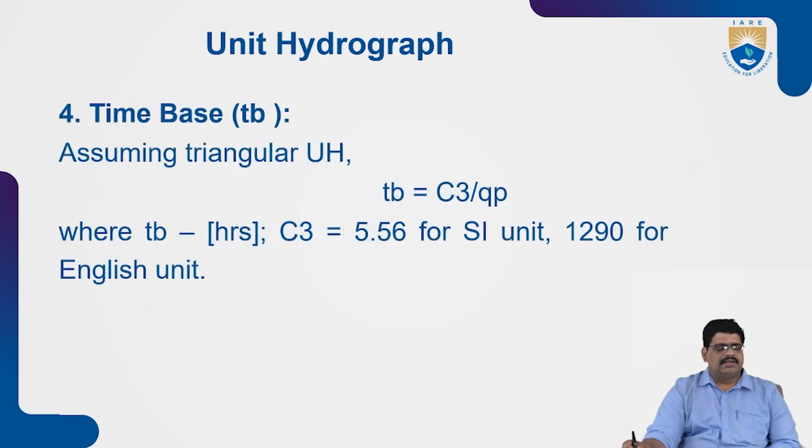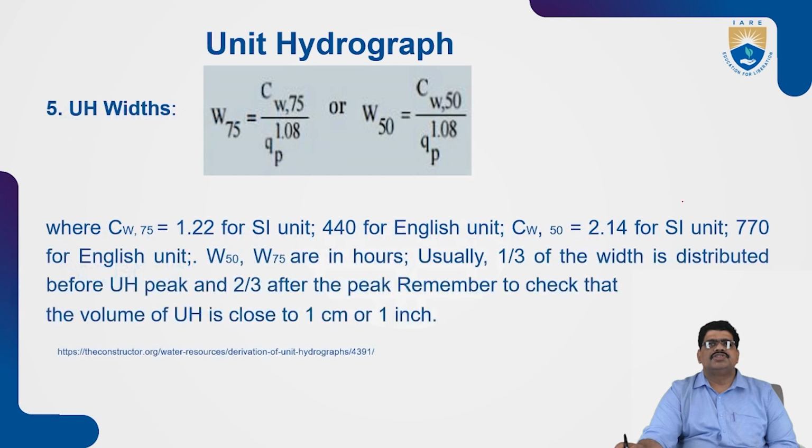So the base time, or base assumption, is equal to the unit diagram C3 by QP as we discussed. Here TB is the peak hour, C3 is equal to 5.56 in SI units and 12.90 in English units. That is the unit diagram width.